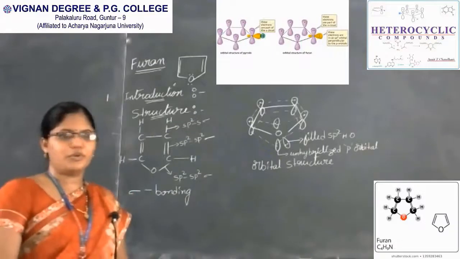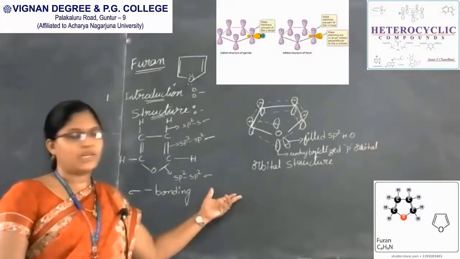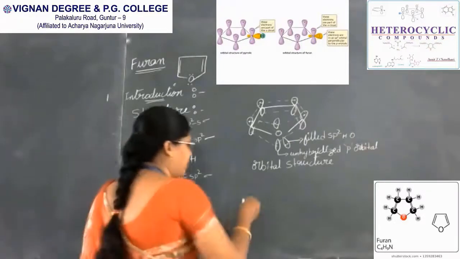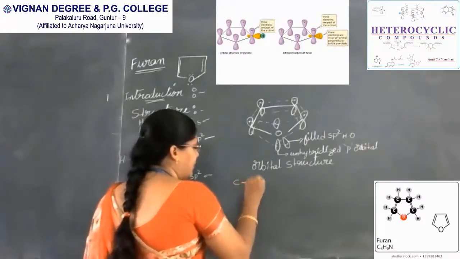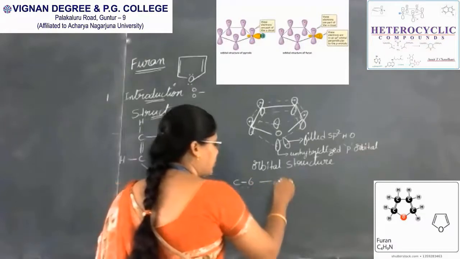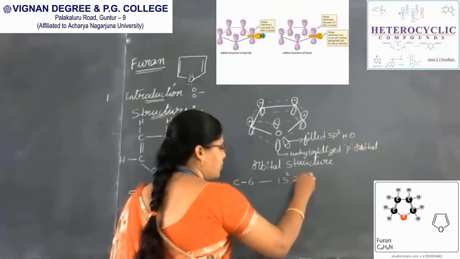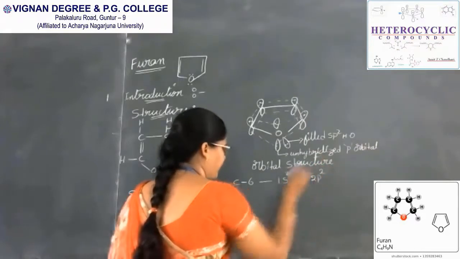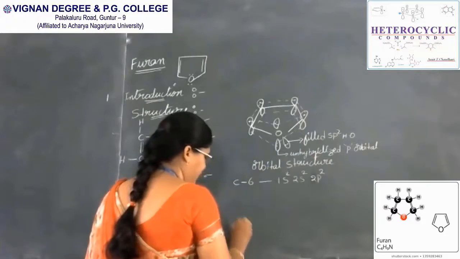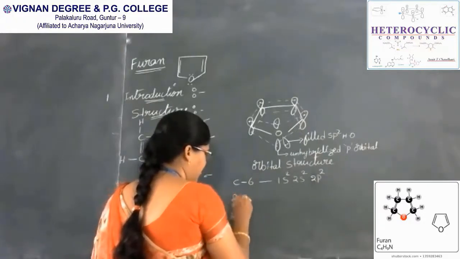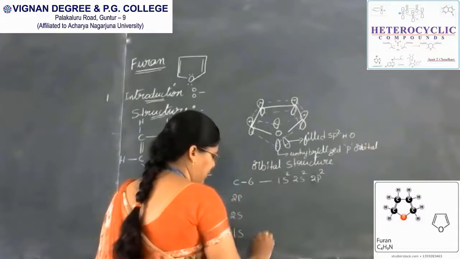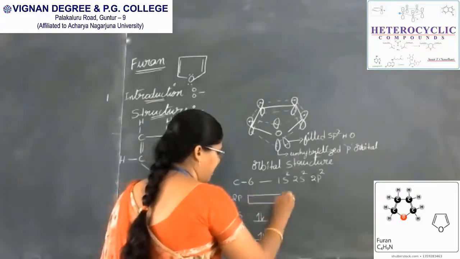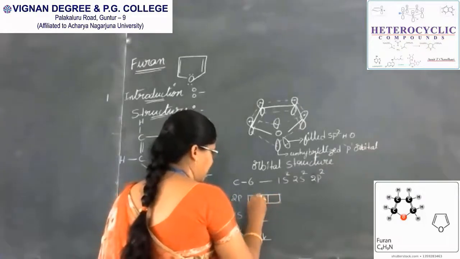First, we have to know what hybridized and unhybridized orbitals are. The carbon atomic number is 6 and its electronic configuration is 1s2, 2s2, 2p2. The 1s orbital contains 2 electrons, the 2s orbital contains 2 electrons, and the 2p orbital contains 2 electrons.